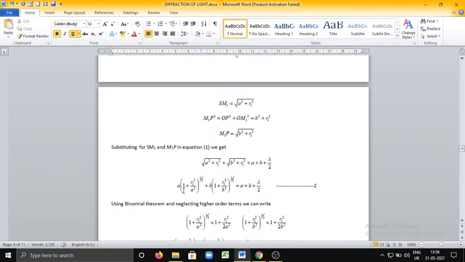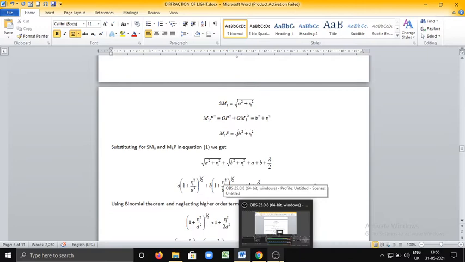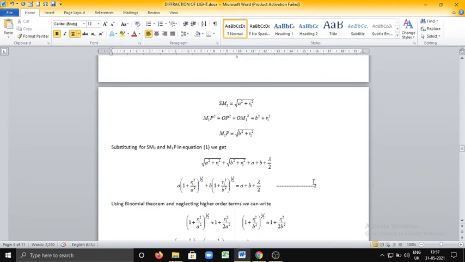By using binomial theorem and neglecting higher order terms, we can write 1 plus x whole to the power of n as approximately 1 plus n into x. That is, n is multiplied with x.